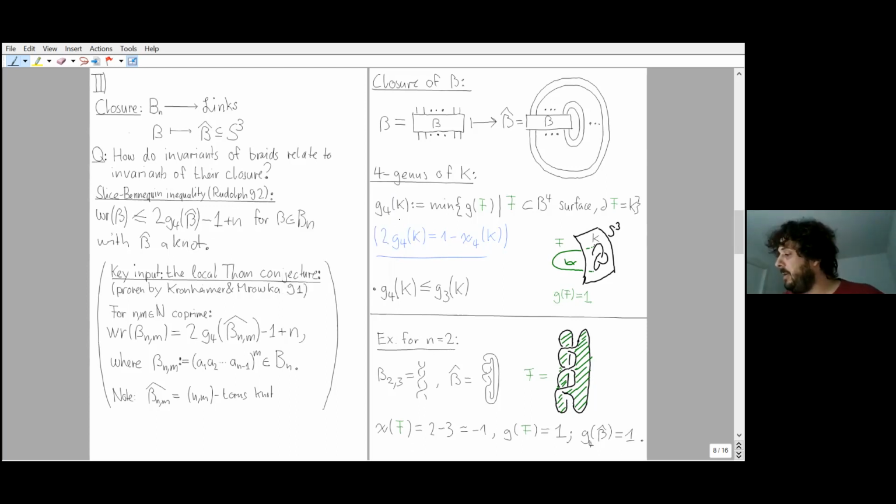Okay, let me briefly remind you what the four-genus is. The four-genus is defined as the smallest genus of surfaces F, where F is a surface smoothly embedded in the four-ball, orientable, and the boundary of F is your knot. And I've drawn you a schematic picture over here.